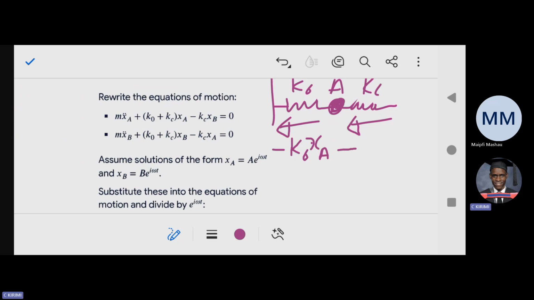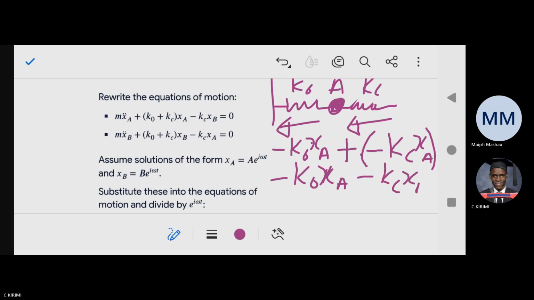Why are we minusing? It's plus another force, which is also going in the negative what? Direction, which is Kc multiplied by what? XA. And then using your integers, positive, negative, it will just come back to K naught multiplied by XA, minus Kc multiplied by X what? A.